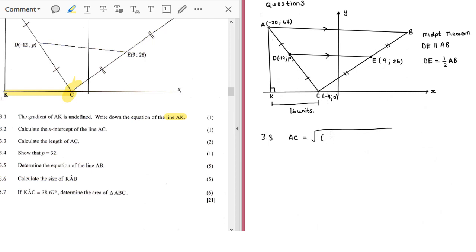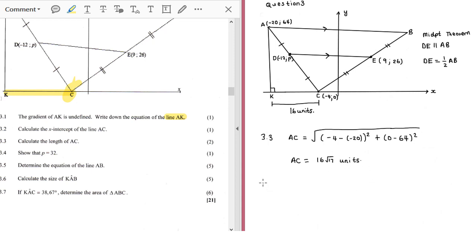That's going to be minus 4 minus negative 20, all of this squared, plus the change in the y value, so 0 minus 64, and that has to be squared. If you plug all of this into the calculator, you get that the length AC is equal to 16 root 17 units.